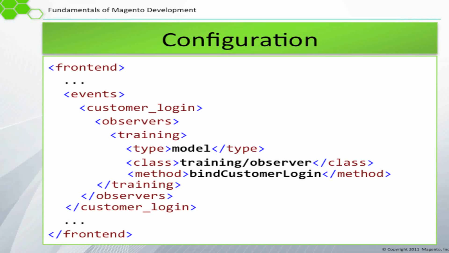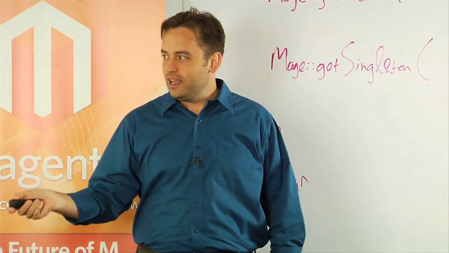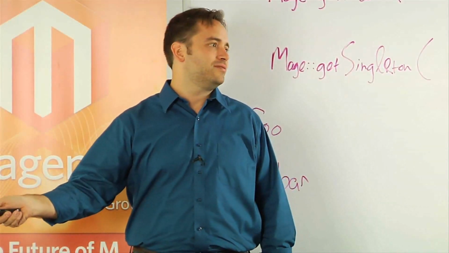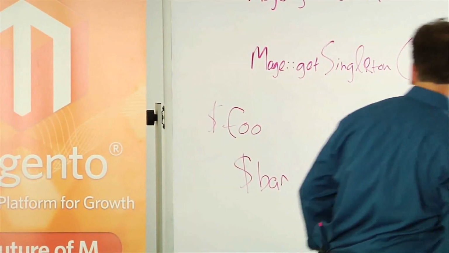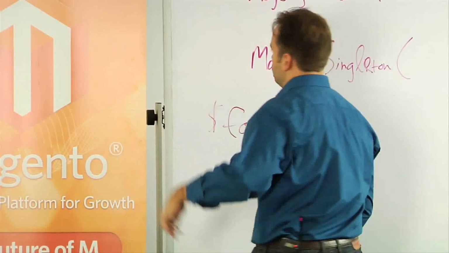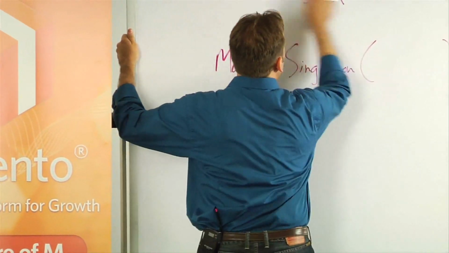Class, training, observer. Okay, this is the string that gets passed into either get model or get singleton. Simple. It's instantiated, and then this method is called. Okay? So in this case, I would expect your training is going to map somewhere.